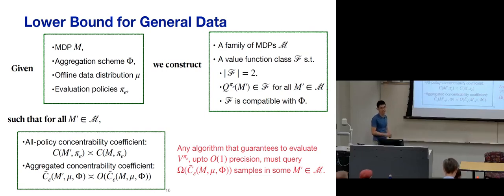The learner is not interacting with the aggregated states, it's interacting with the original states. The aggregation scheme, the aggregated states and even the aggregated concentrability coefficient all serve as some medium. We use these terms to construct the lower bound, but the learner does not interact with them directly.